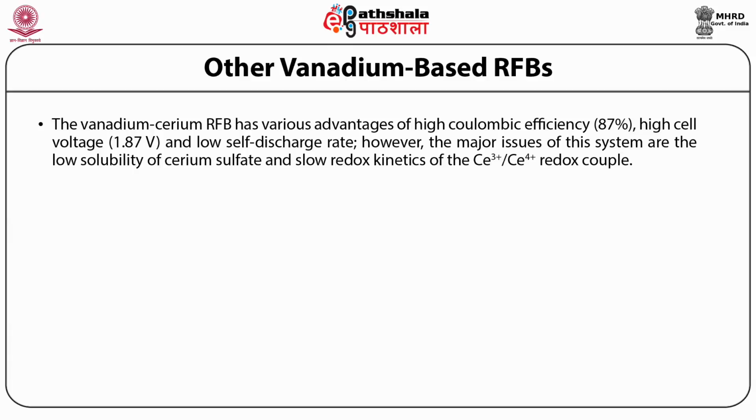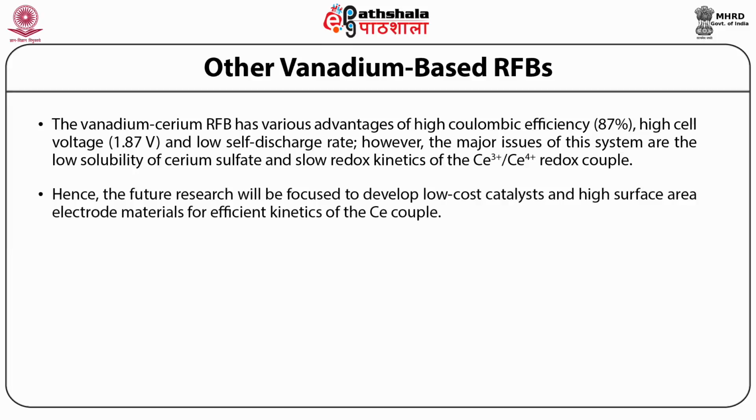However, the major issues of the system are the low solubility of cerium sulfate and slow redox kinetics of the Ce3+/Ce4+ redox couple. Hence, future research will be focused on developing low cost catalysts and high surface area electrode materials for efficient kinetics of the cerium couple.